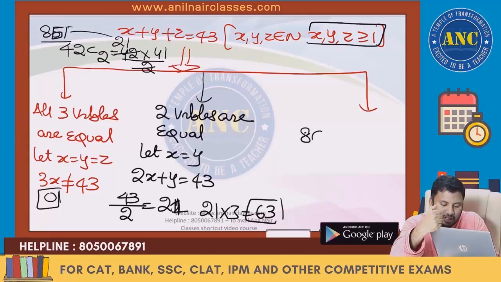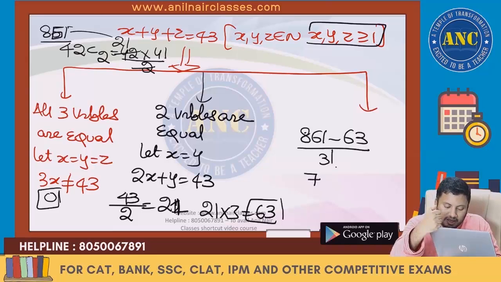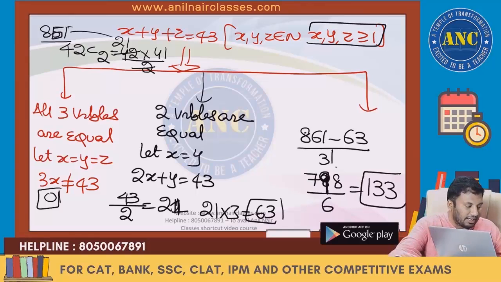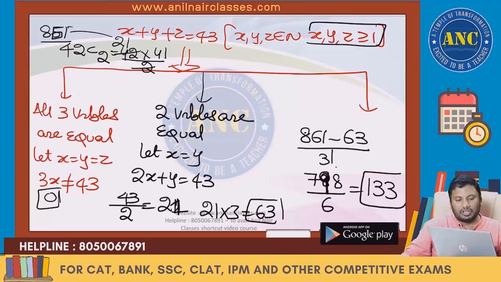So, 861 minus 63 divided by 3 factorial, which is 798 divided by 6. 133 values it will take.